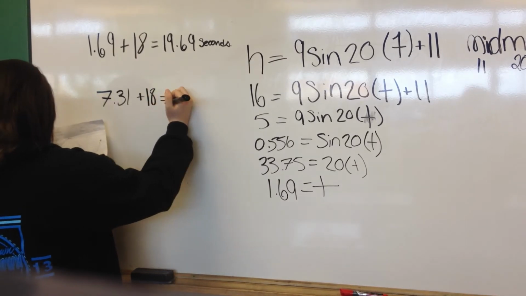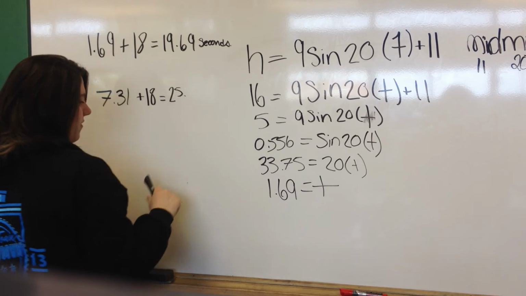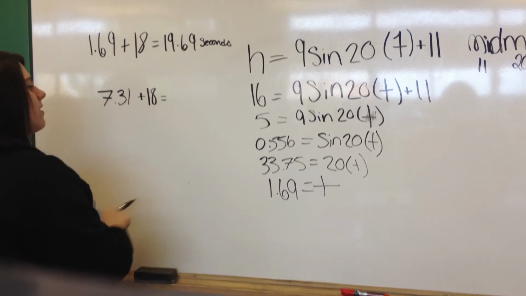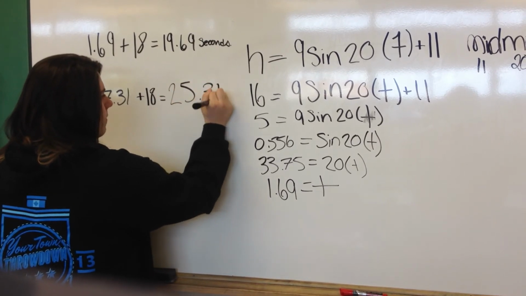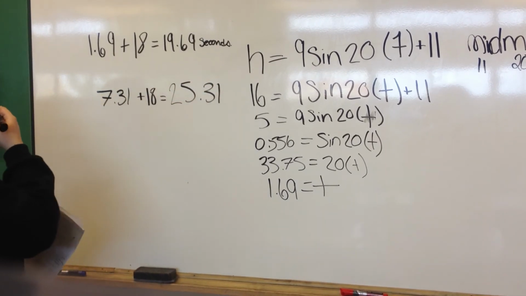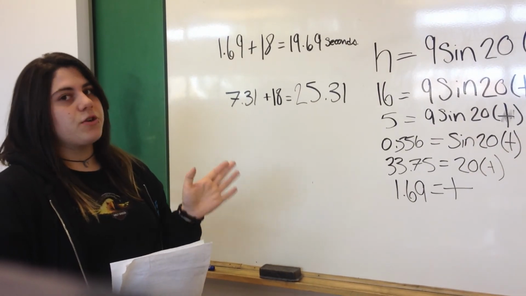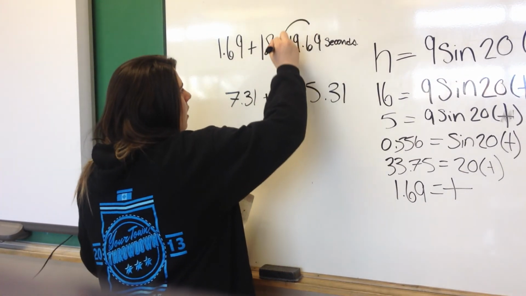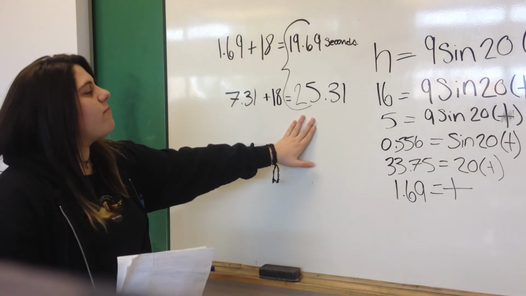And that gives us 25.31. So now our 2 points between 18 and 36 that we reach a height of 16 meters are 19.69 and 25.31 seconds.